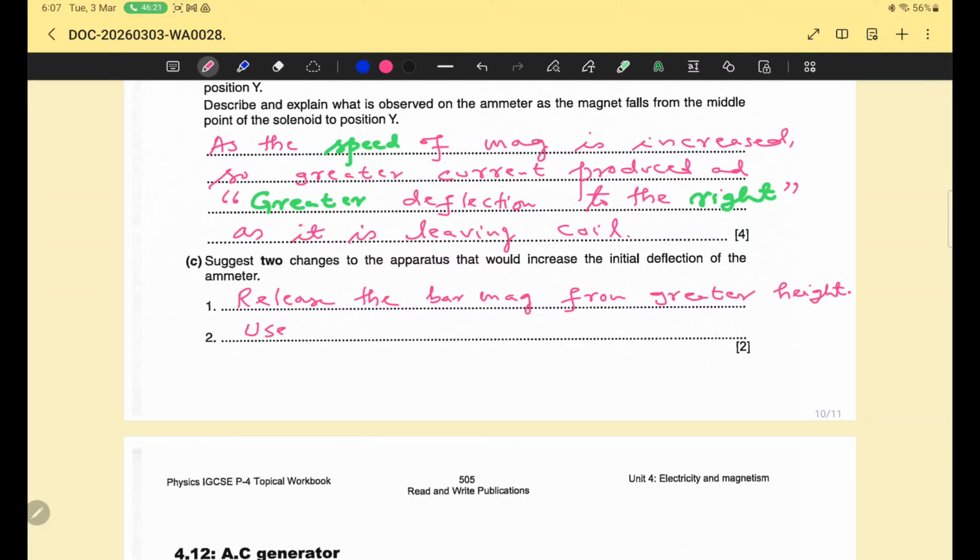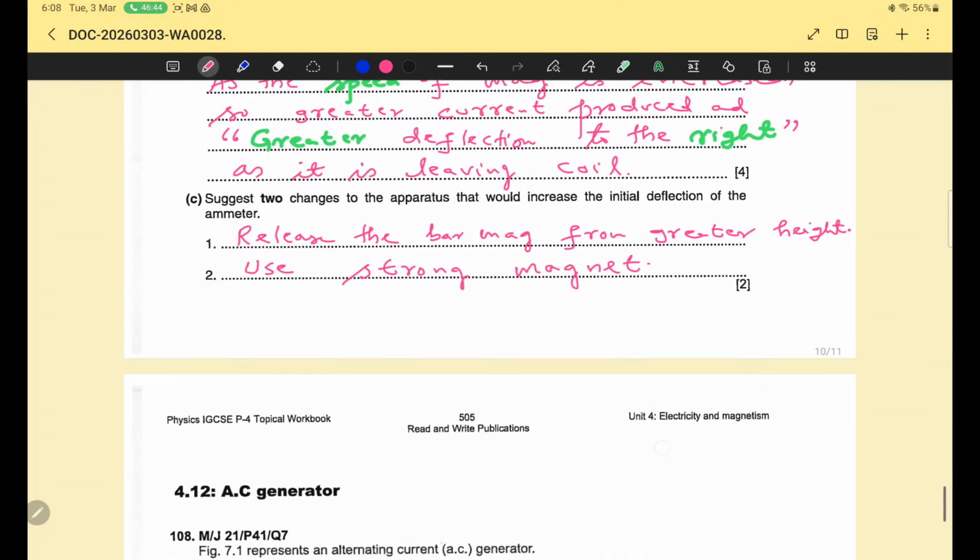Number two, use a strong magnet. If you change the magnet to a strong magnet, it will increase the quantity of current. Then obviously there will be greater deflection. Okay.